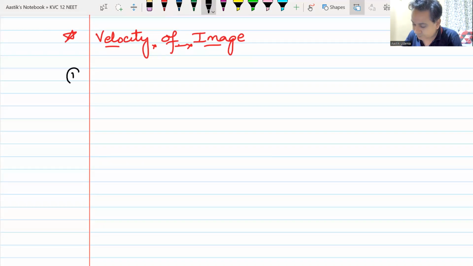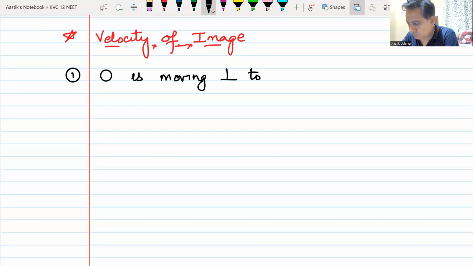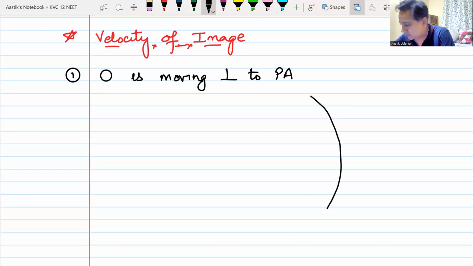Case number 1 here: when the object O is moving perpendicular to PA. Do you understand what is PA, my dear friends? Yes, sir. Principal axis.